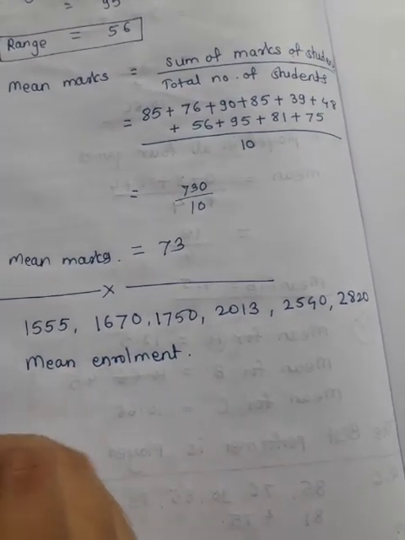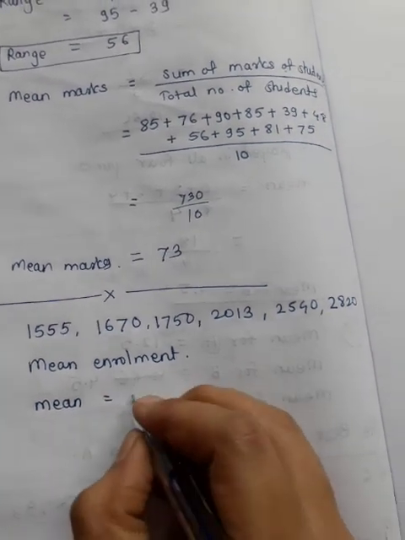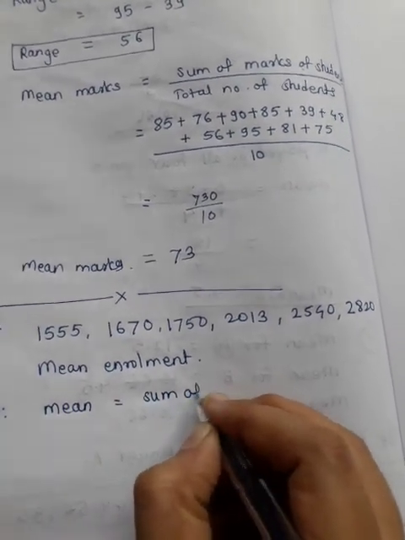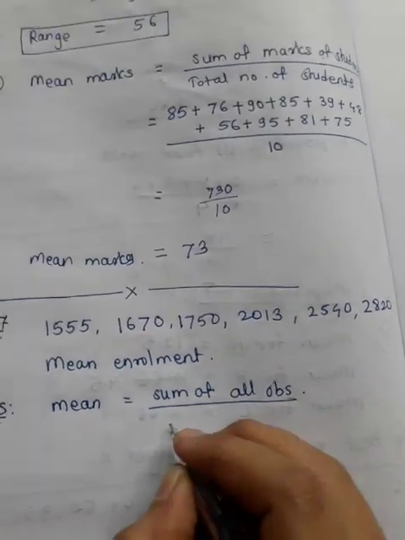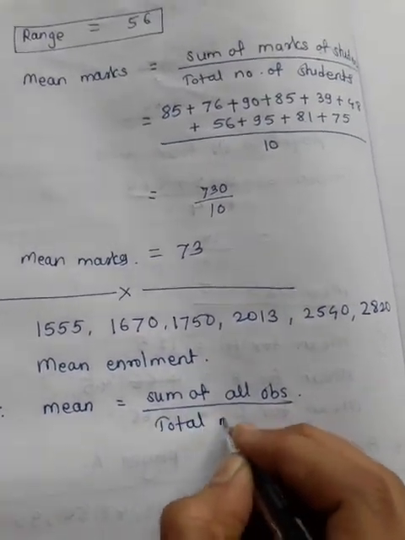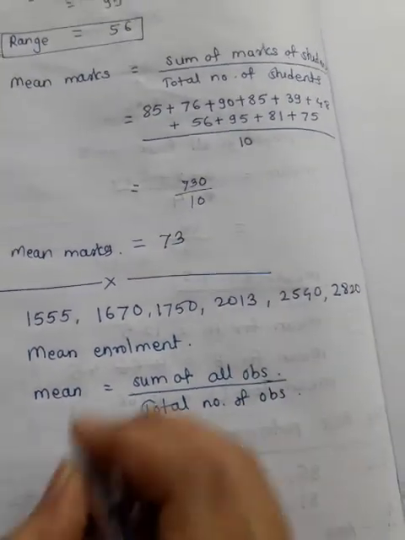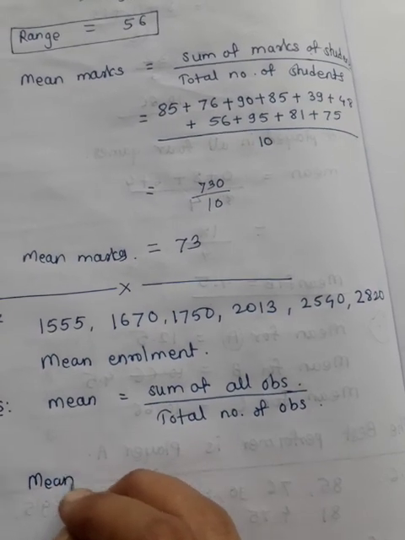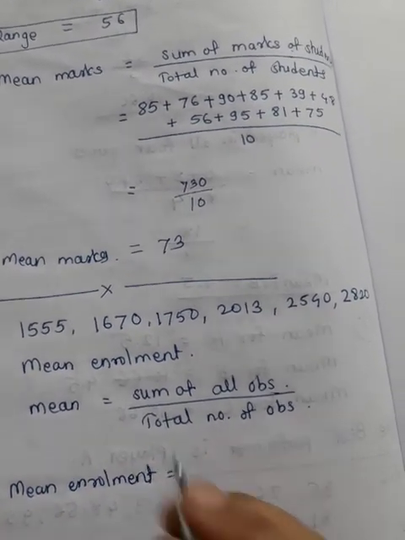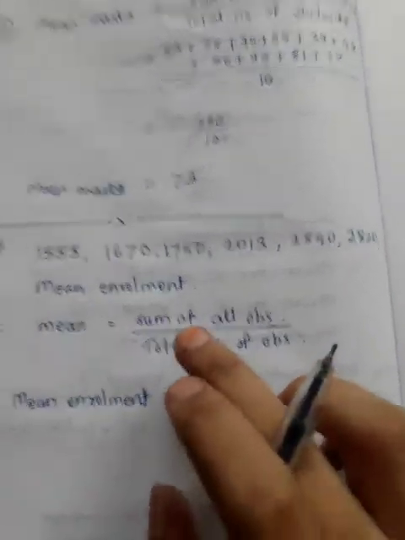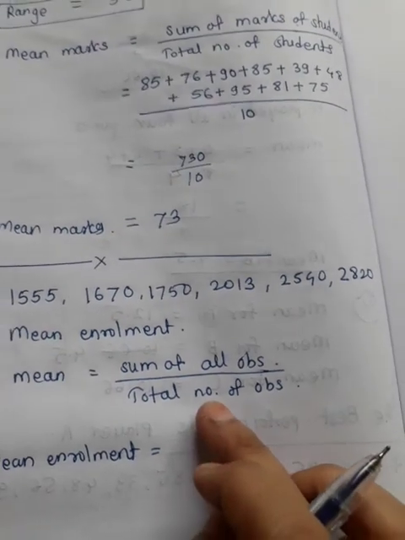So this is also a very easy question. What is the formula for the mean? Sum of all observations divided by the total number of observations. Here there are 6 observations, so we divide by 6.